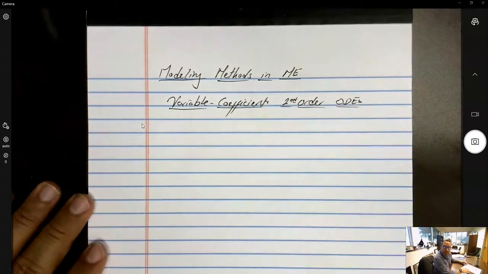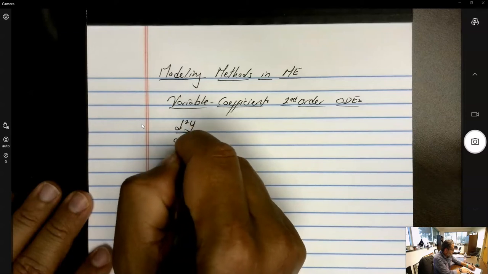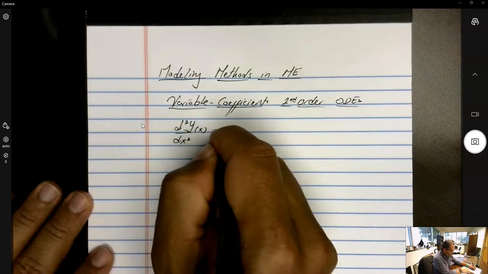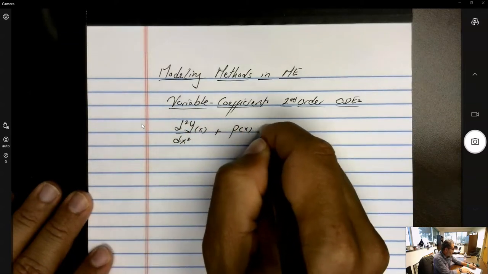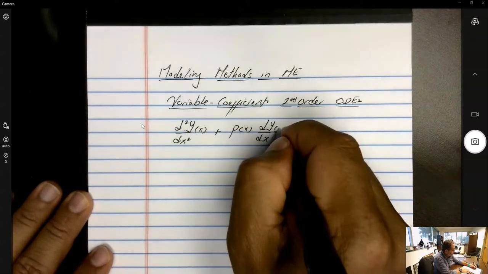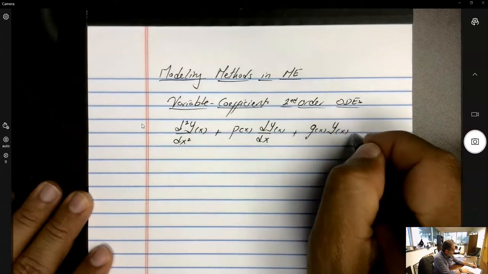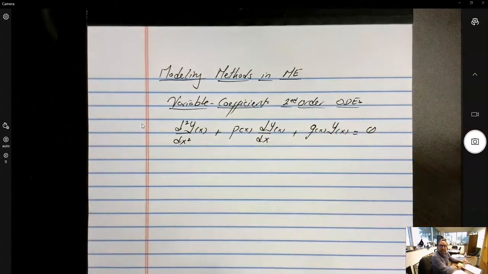So let's write this equation in a general form. We are going to be concerned with the linear version of this equation. So one that looks like this. So notice we're keeping it linear.